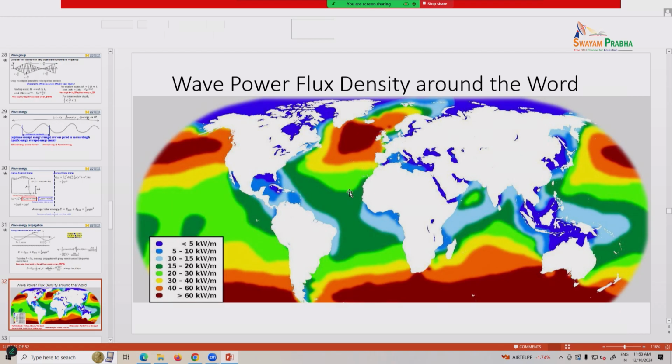This figure shows the wave power flux density around the world, different colors, right? And in South America, this you can say is 60 kilowatts per meter, right? And in Alaska, right?